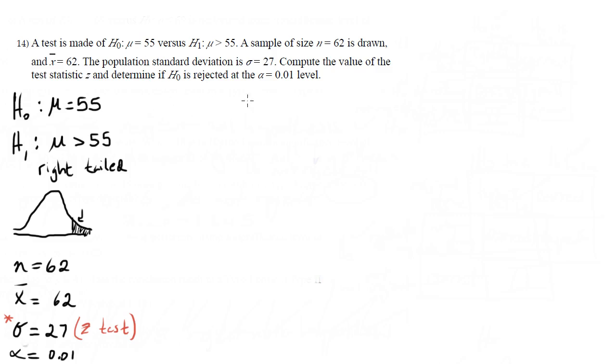So to compute the value of the test statistic, that's what we're asked to do here, z is equal to x bar minus the mean over sigma divided by the square root of n. I know the students have a lot of problems with this, so I'll show you how to do this calculation so you don't make any mistakes with this problem.